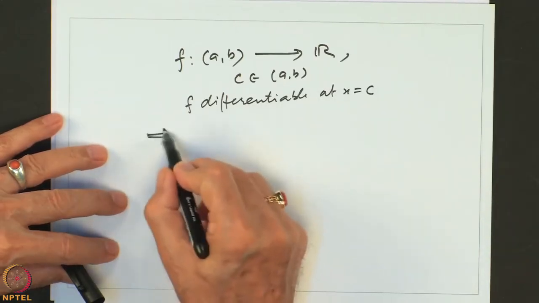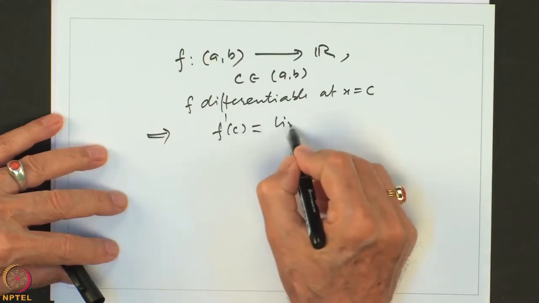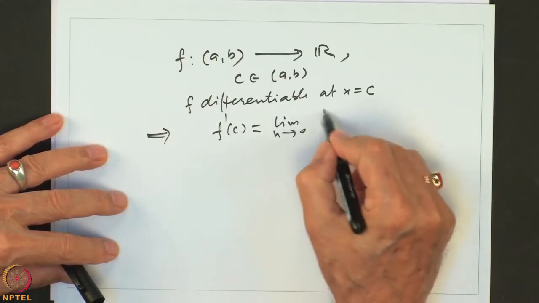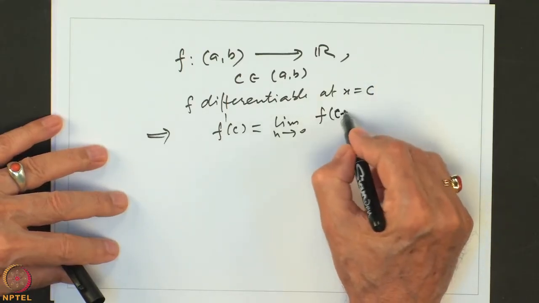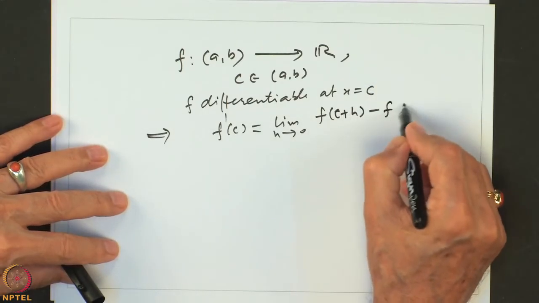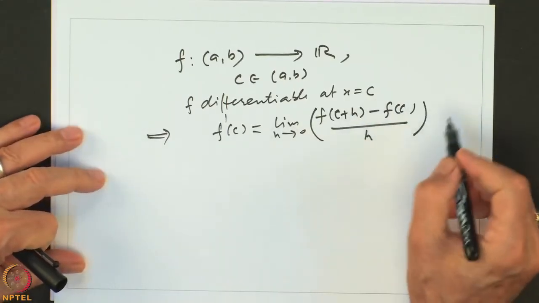So, what does this imply? This implies that f dash of c, which was the limit as h goes to 0 of f of c plus h minus f of c divided by h, this limit exists.